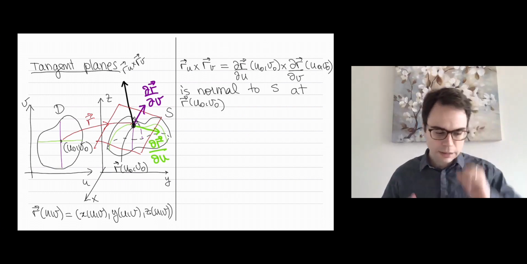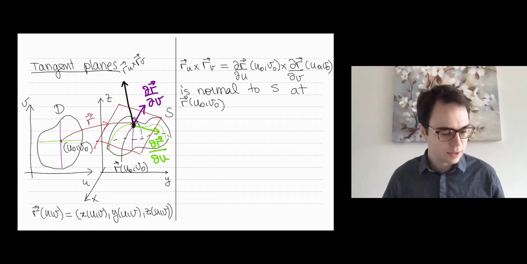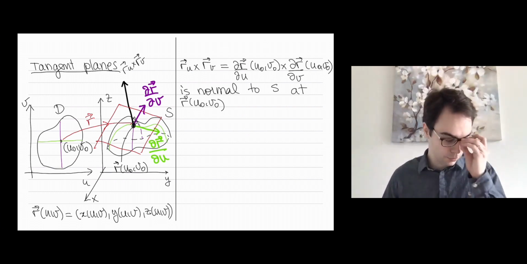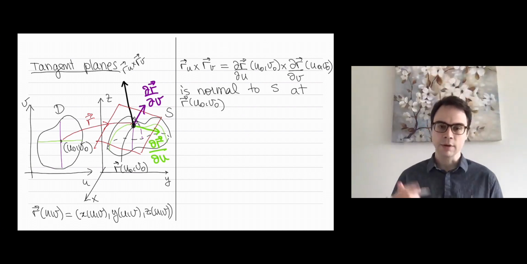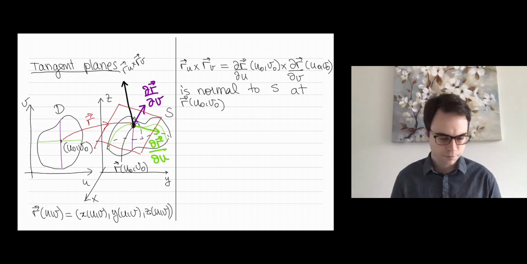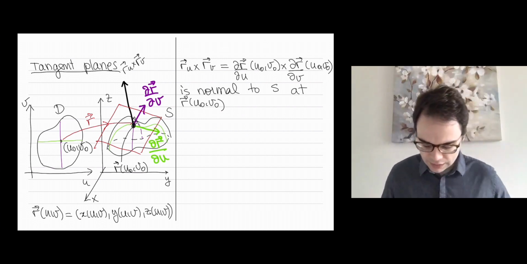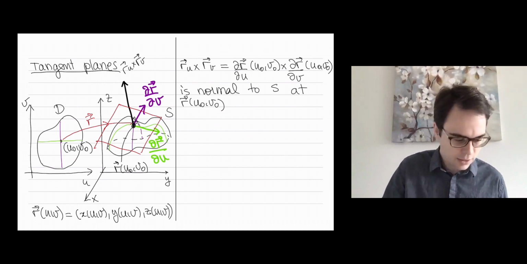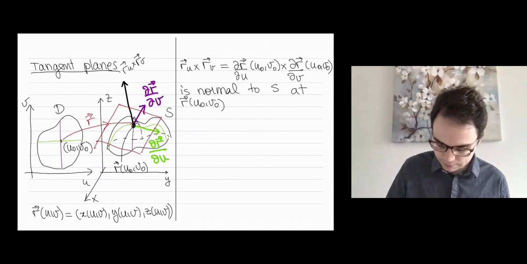When I say a vector is perpendicular to a surface, I really mean it's perpendicular to the tangent plane of the surface at that point. All right, so this is the main point.